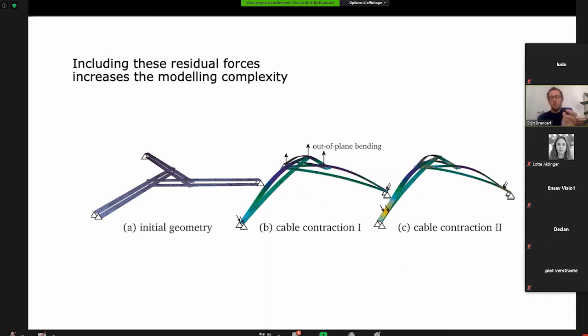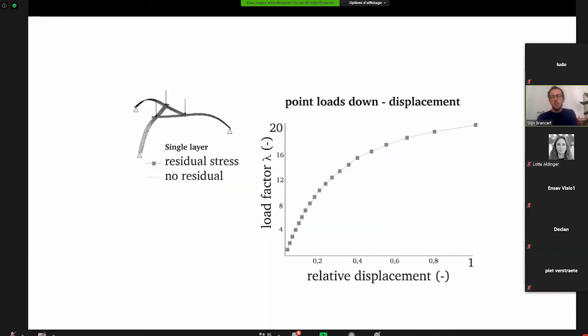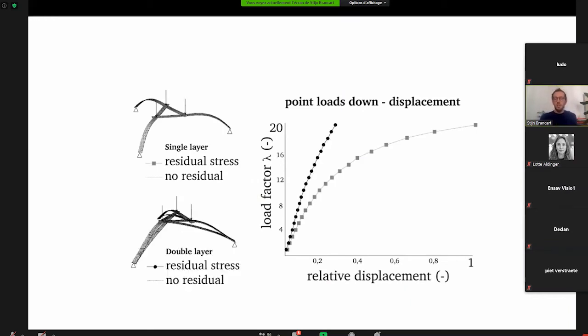We did it by contracting some cables that then pull the elements to each other. In these results, we could see, first of all, the difference between a single layered element and a double layered one. So we see that it geometrically already gives us some extra stiffness. And also the effect of including this residual stress. But in this case, if we load our structure like that, that's a negative effect.